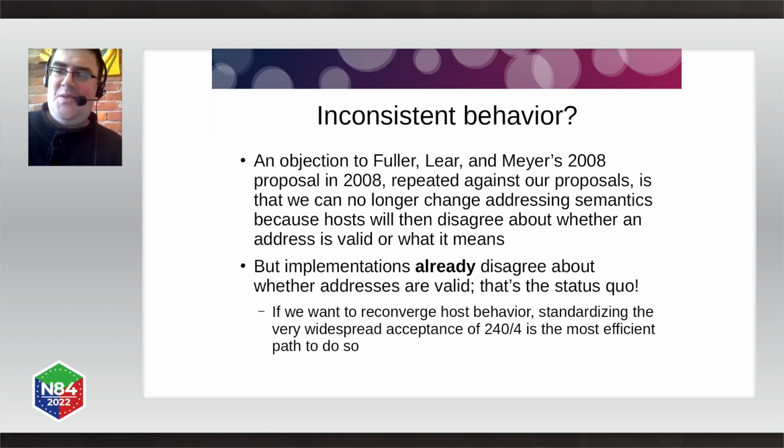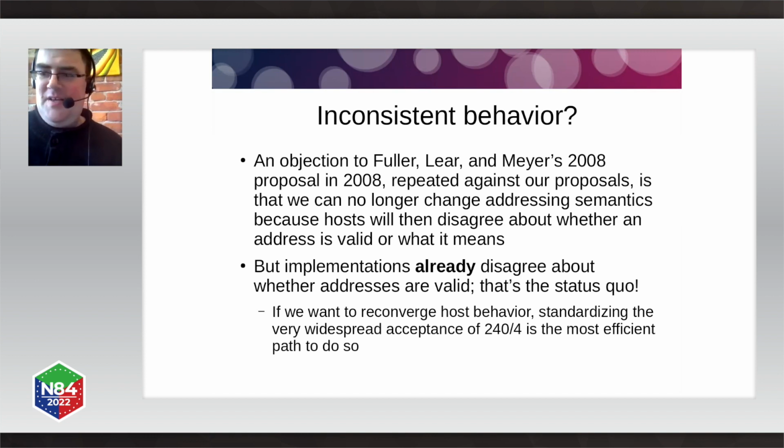In fact, there have been some security problems about other changes to the semantics of 127. I can get into that if people are interested, but our changes actually are better, but that's a long story about the 127 semantics.